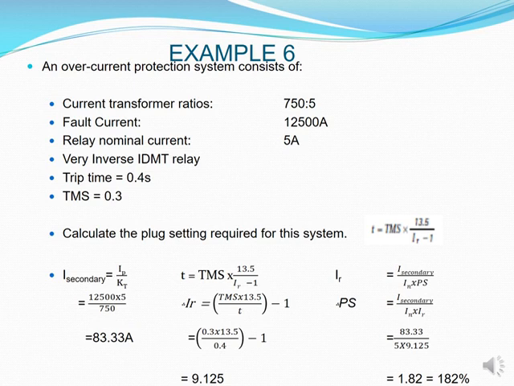I then take that IR and put it into its formula so that I can calculate my plug setting, and there I got a plug setting of 182%. Always remember, when you are asked to calculate a plug setting, in these scenarios the plug setting must always be between the values of 50 and 200%.